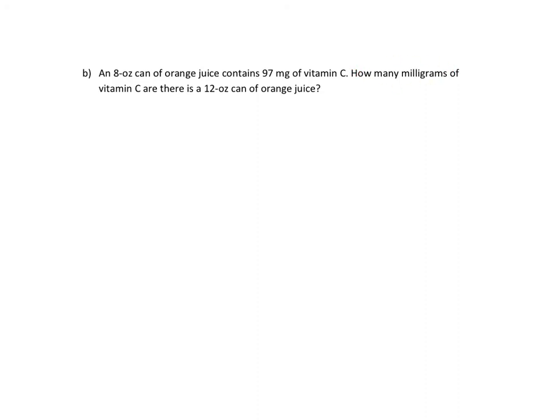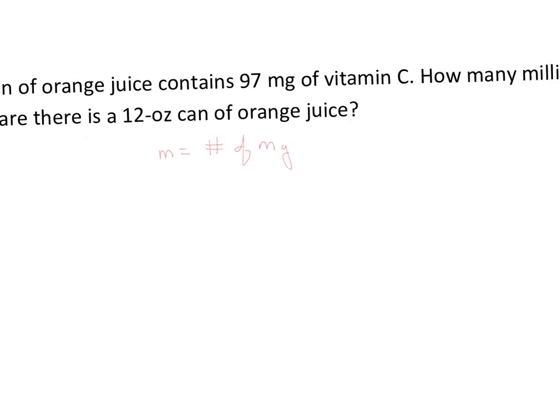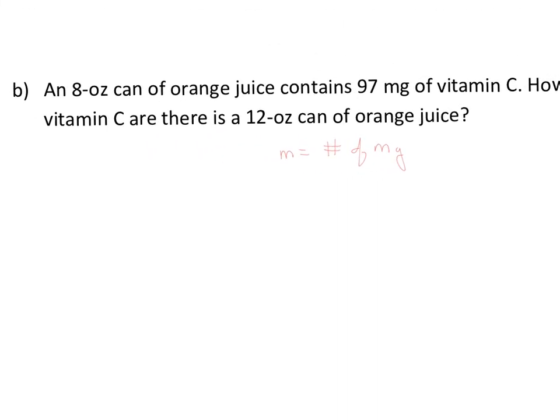Okay, so we're going to zoom in here, and I'm going to put M equals number of milligrams. Okay, again, find a relationship. So if I come up here, I'm going to highlight for you, 8 ounce, 97 milligrams. Okay, so that's one relationship.